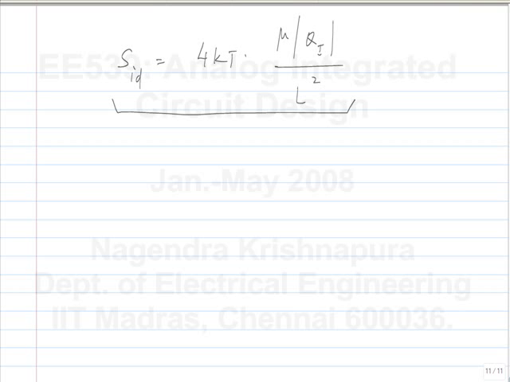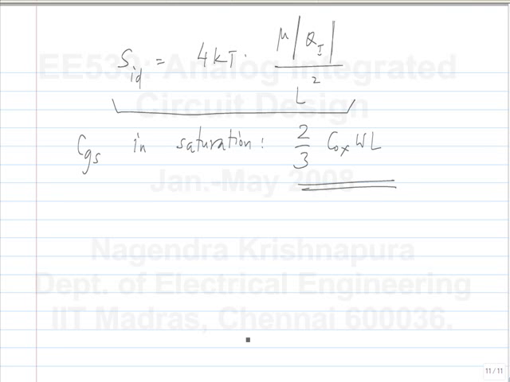What is the total amount of channel charge in the saturation region? What is the value of CGS in saturation region? 2/3 COXWL. Why do we get this? Because the proportionality constant of 2/3 appears in the expression for channel charge. That's why we get the 2/3 form.